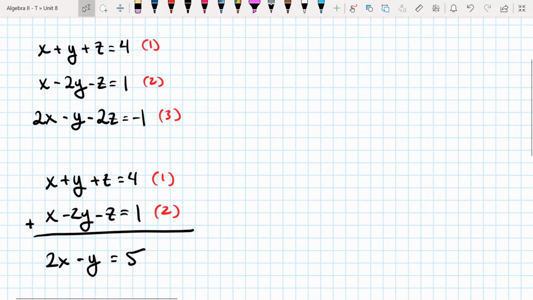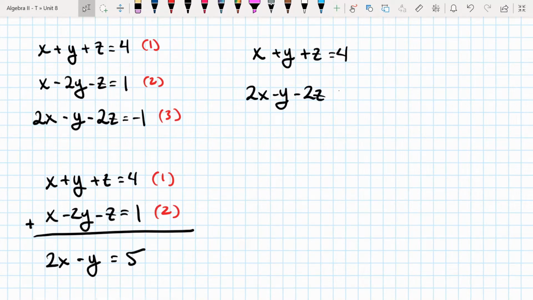And now let's deal with the first and the third equation. I'm going to take the first equation here and the third equation, and we want to cancel out the z terms. To do that, we're going to have to multiply the first equation by a positive 2.